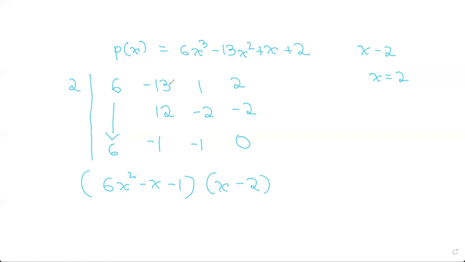Now if we move on to the next question. The next question is expand 2 minus x to the power of 5, simplifying each coefficient. So this is a binomial theorem question. So we do 5c0, 5c0 is 1, so I'm just not going to write that.